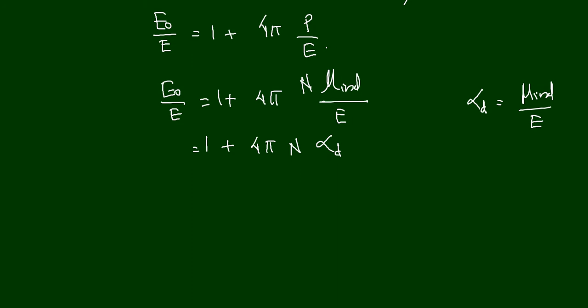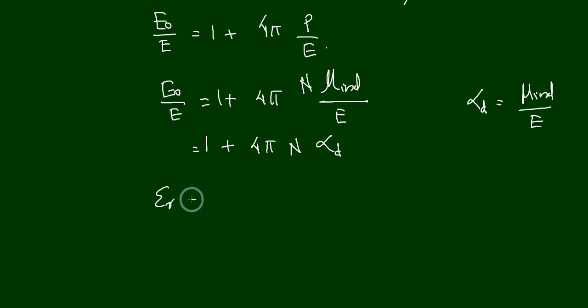Okay, so we can write this in another way, that is E0 by E, the electric field strength in vacuum divided by the electric field strength in the dielectric, that is epsilon r, the dielectric constant of the dielectric.